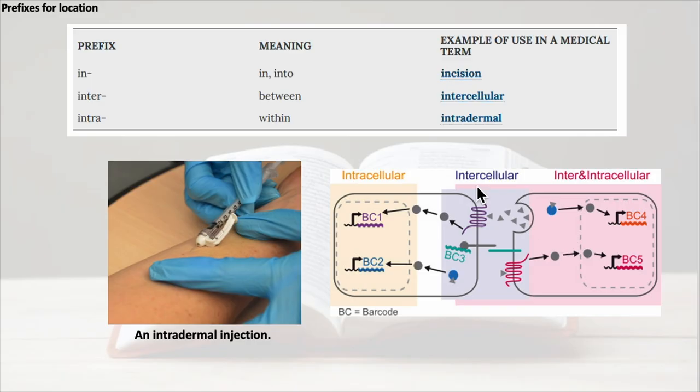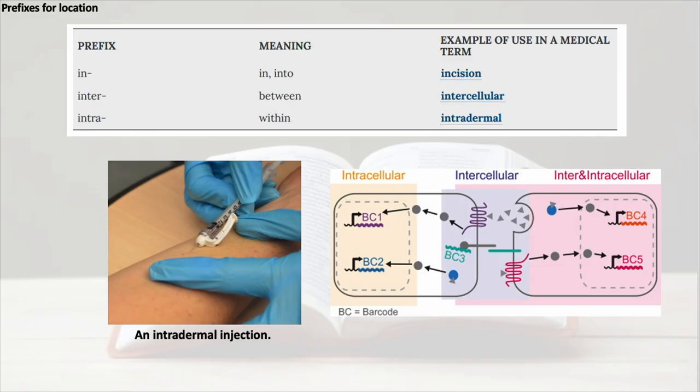And so intercellular communication refers to any chemicals or cytokines, which are chemicals that may be released from one cell to communicate with another cell. So intercellular refers to between two cells. Intracellular, being that intra means within, means within a cell. So intracellular would be within an individual cell, intercellular between two cells.